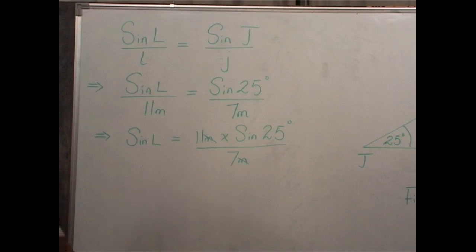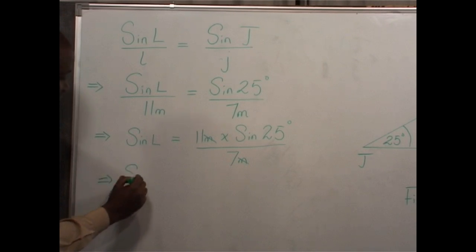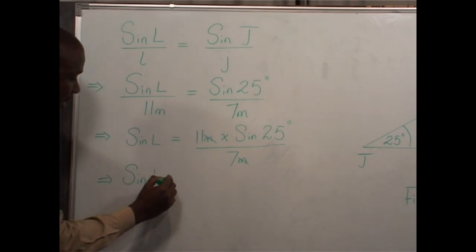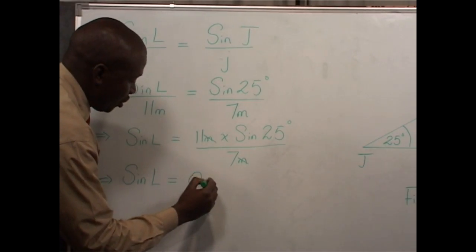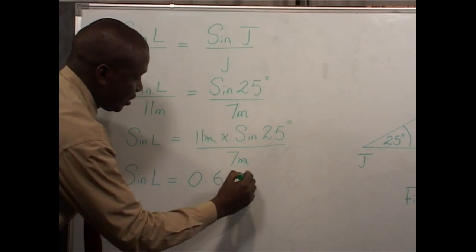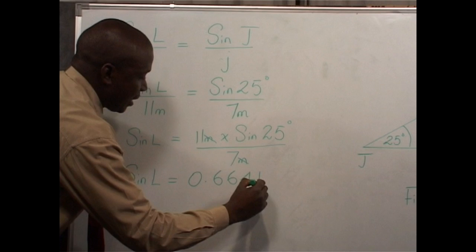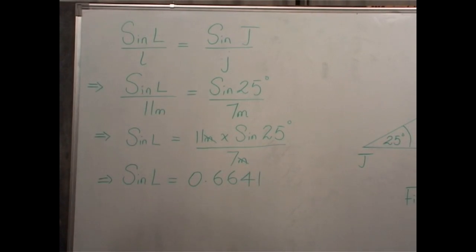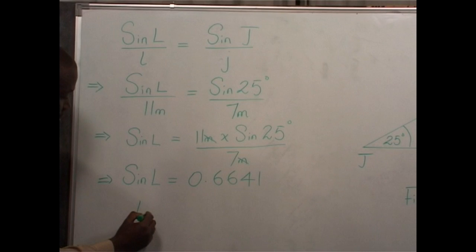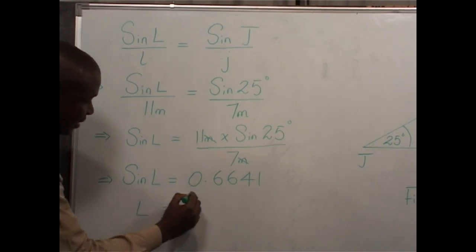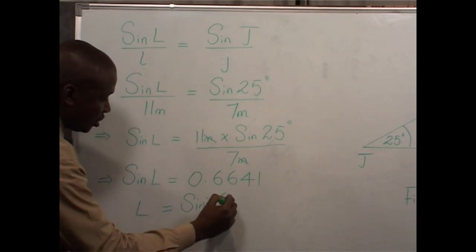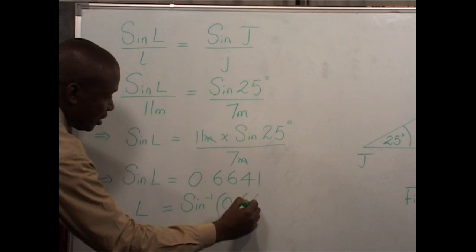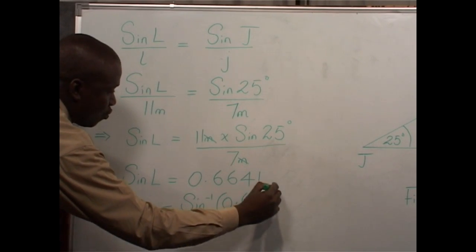If you did that nicely, you should have obtained sine L as being equal to 0.6641. After which, the angle L should have been found as the sine inverse of 0.6641.